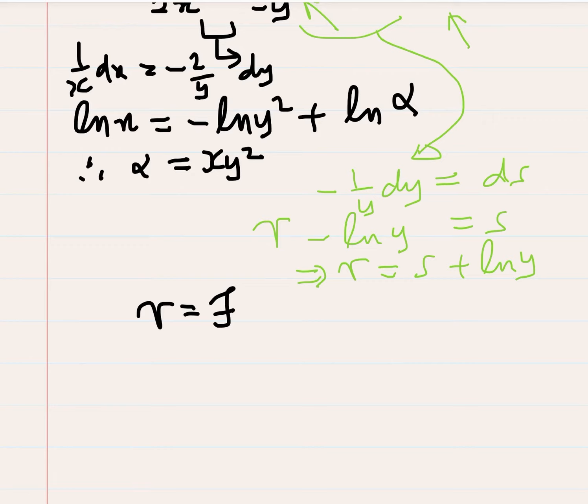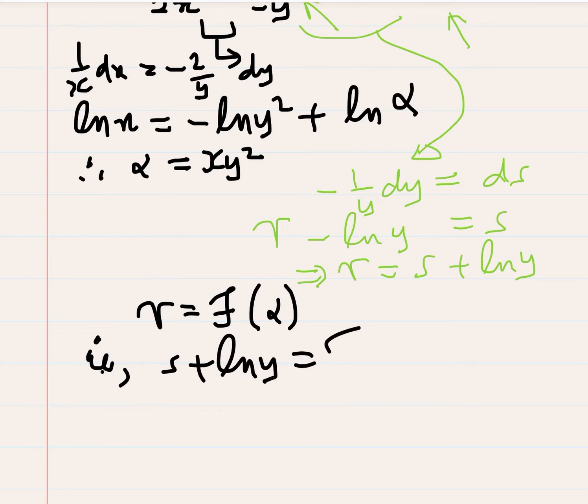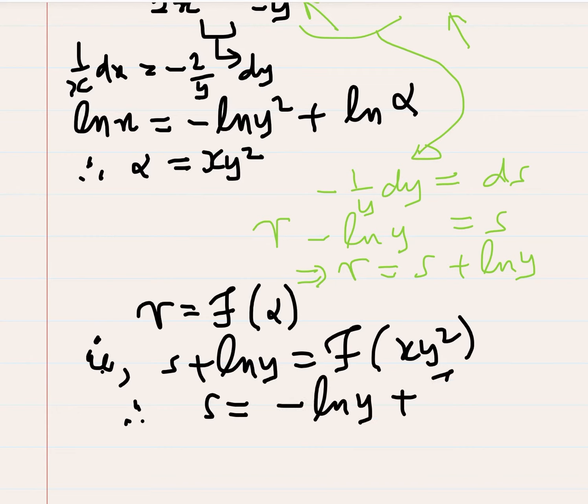The dependent invariant is an arbitrary function of all the independent invariants, in this case just alpha itself, i.e. gamma is s plus ln y, alpha is x y squared, so therefore we have s is given by minus ln y plus an arbitrary function of x y squared.